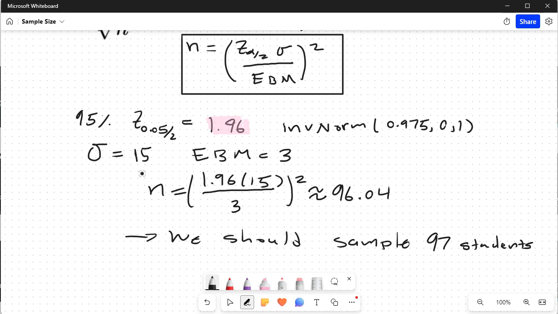If we did not know the mean to be given, which in this case is 100, and we just took a random sample of 97 students, then we would look at the sample mean and construct that confidence interval that would, in theory, estimate the population mean.